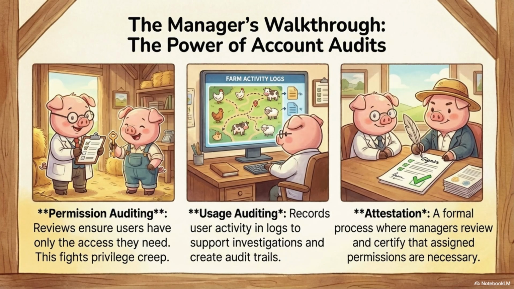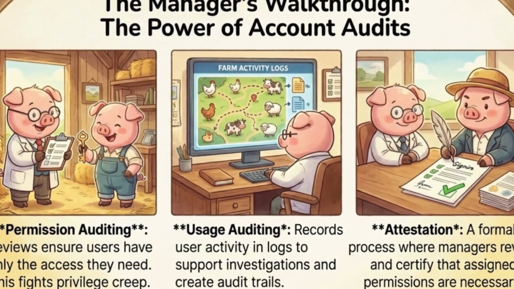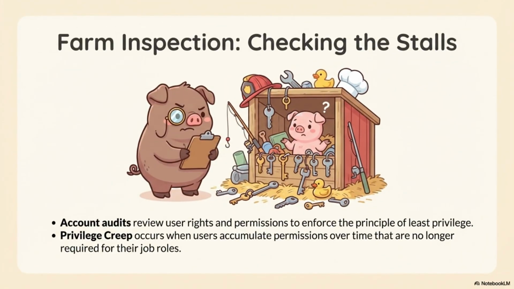Account audits review user rights and permissions to enforce the principle of least privilege. Privilege creep occurs when users accumulate permissions over time that are no longer required for their job roles. Role-based access control and group-based permissions help manage access effectively. However, permissions must be removed when roles change.